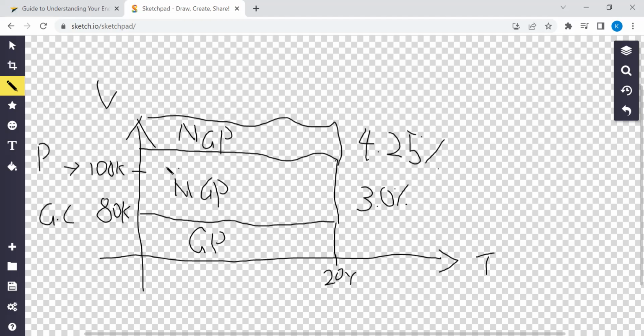As you can see, this point is higher than 100K by somewhat. But if the investment is doing better, at 4.25%, the value is going to be even much higher than 100K.